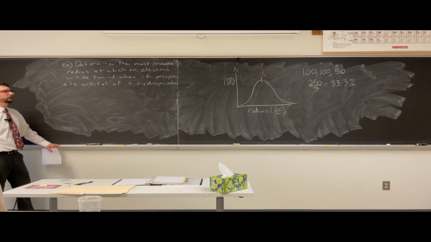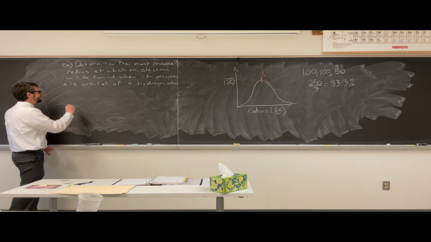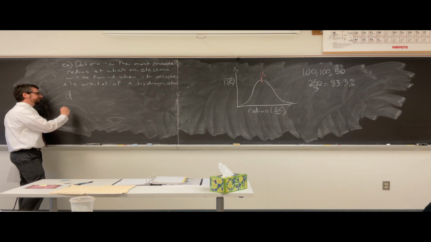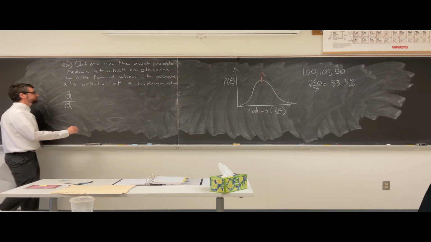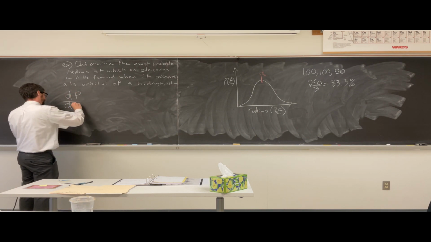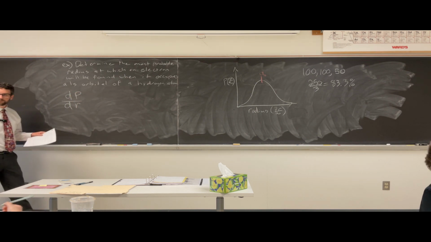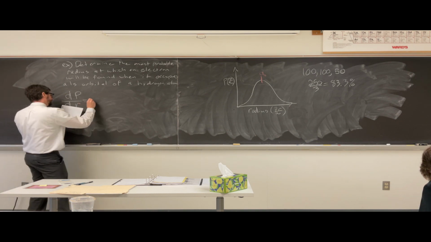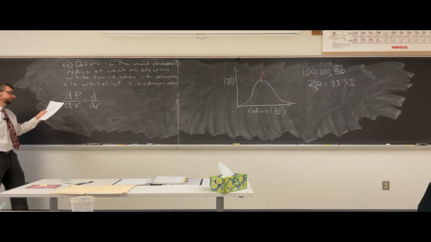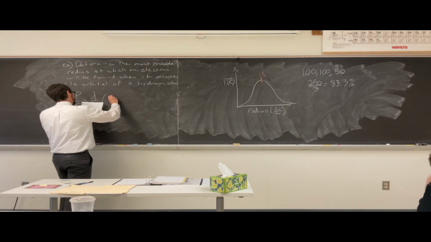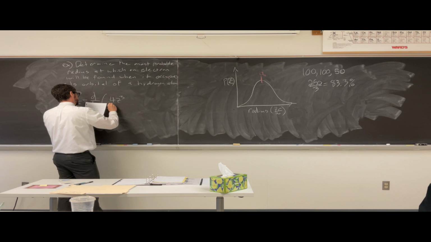Radius. How do you find where the slope is 0 of a function? Derivatives. What are we going to take the derivative of, and with respect to what? Yep, we're going to look at that. So what that means is we just need d/dr of our radial function. I told you guys the radial function for this system.